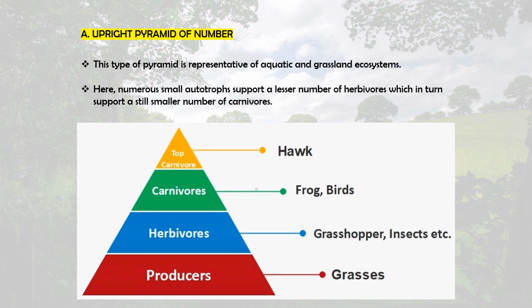For example, in this pyramid the producers are in red color, like grasses, they are in high quantity. So you can see the triangle where gradually the amount decreases, and the top carnivore, that is the hawk, is lesser in population.